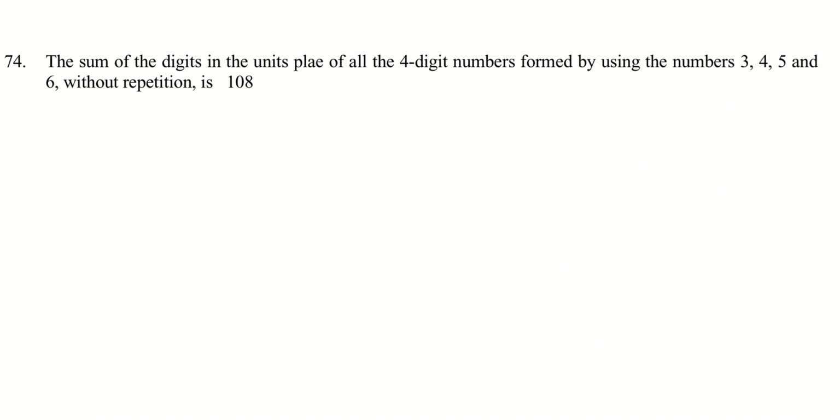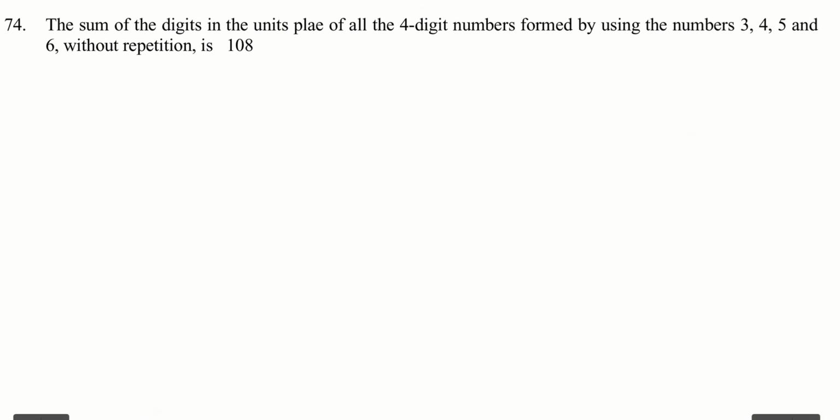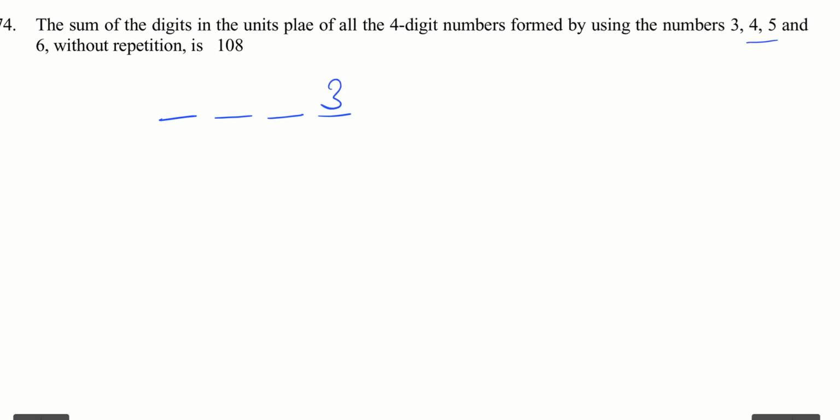See, this is a very simple one. We have much better problem than this in the intermediate textbook itself. You see, I'm going for the 4-digit numbers. Let us see how many times I'm going to have 3 in the units place. As repetition is not allowed, the remaining 3 digits can be arranged in this place in 3 factorial ways, which is 6. So 3 comes in the units place for 6 times.